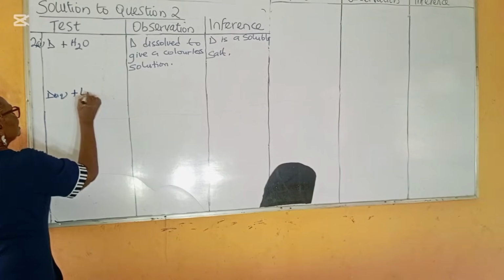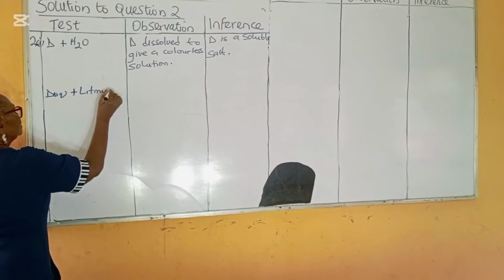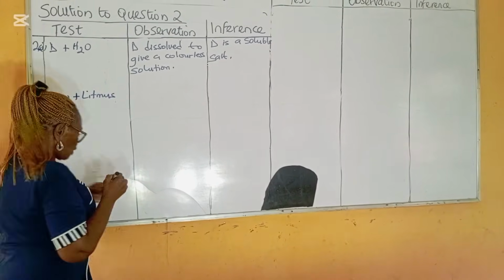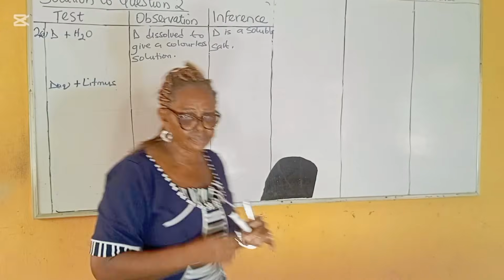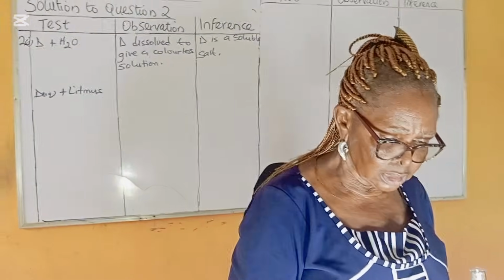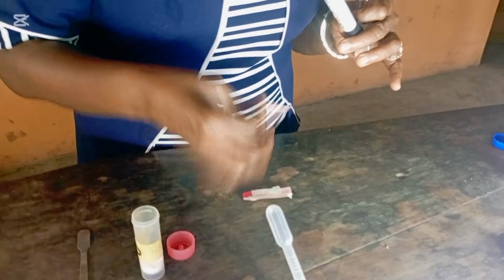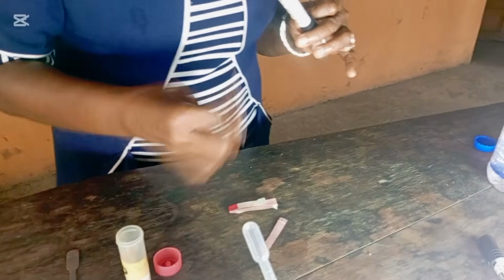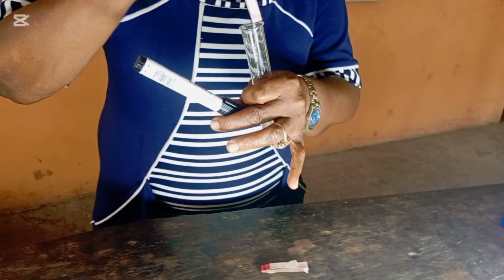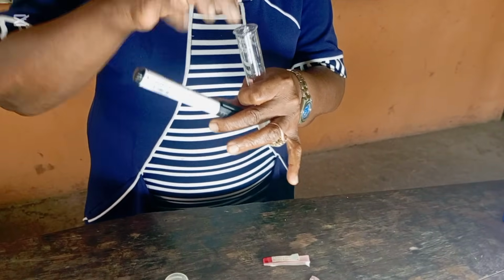D aqueous plus litmus. So we are going to test with litmus paper. I think this is an original red litmus paper. So let's see it.